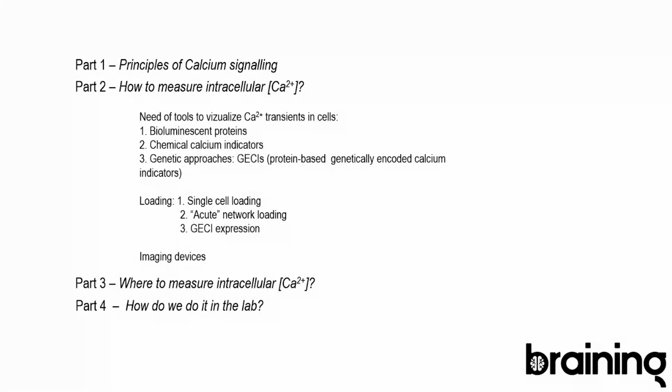I also talk a little bit about which type of loading we can use. So if we load just one cell or a network of cells, and if we are using a chemical molecule, this loading, of course, is different if we are expressing a protein-based genetically encoded calcium indicator.